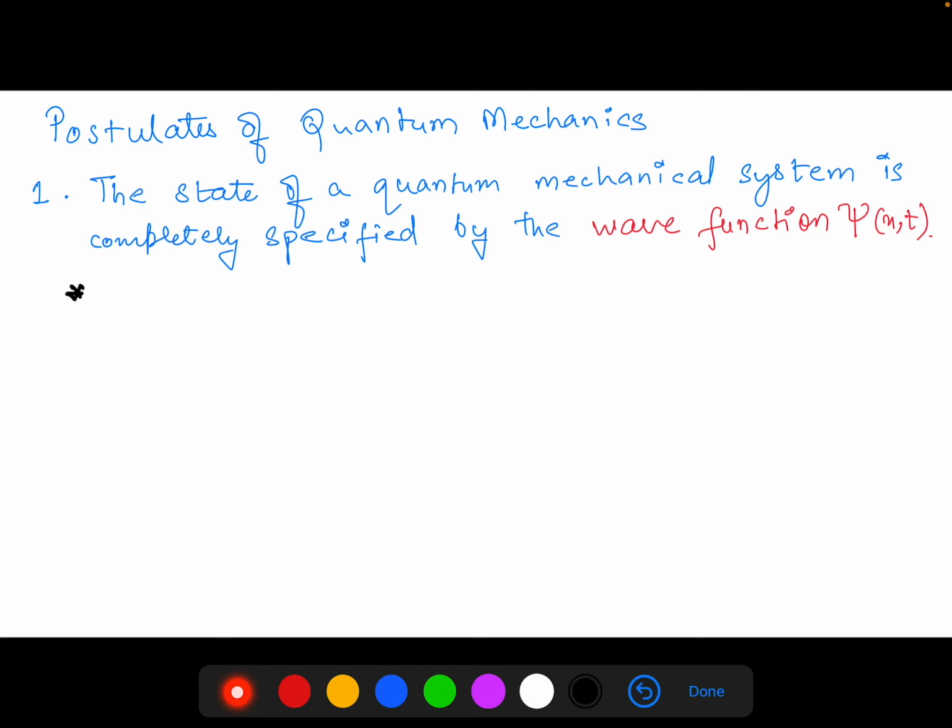There is another idea which we can use, and that is what we call the Born interpretation. This Born interpretation suggests that although the wave function itself does not have any physical meaning, what will have physical meaning is psi star psi.